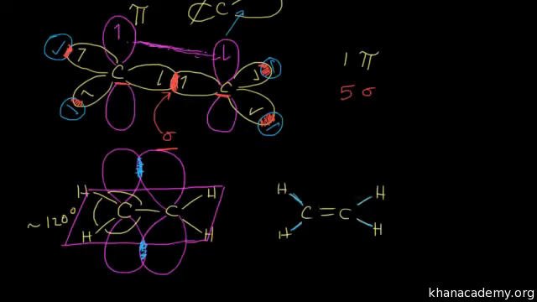It doesn't matter which one you say it is on the dot structure, so I'm just going to say it's that one, right? So I can see my 5 sigma bonds like that. And then for my pi bond, I just said that this top one was the pi bond. It didn't really matter which one you said, so that's the pi bond. So that's how to look at a dot structure and analyze sigma and pi bonds.